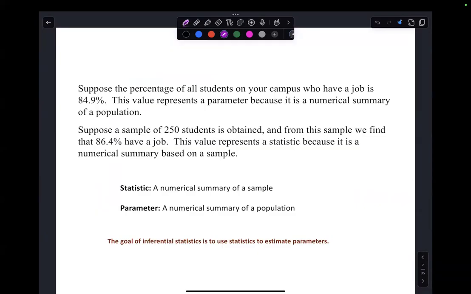That's a statistic. So parameters refer to population. You will be asked this in your assignment. Statistics refer to samples. I love that they start with the same letter of what you're referring to.